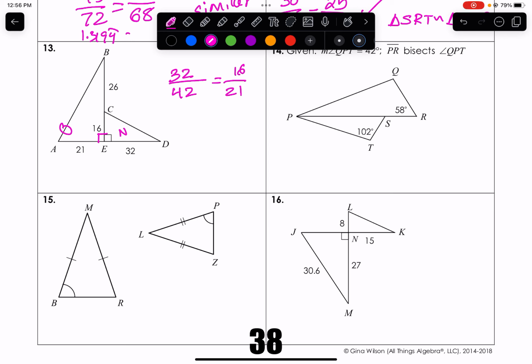It's 0.76, 0.76, so yes. So by side angle side, triangle BEA is similar to triangle DEC.